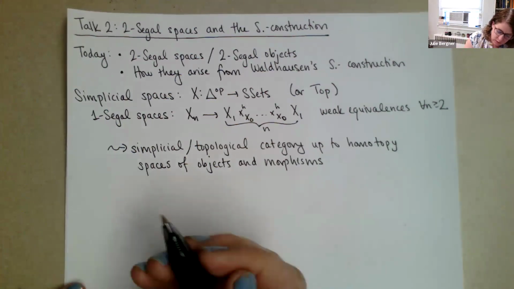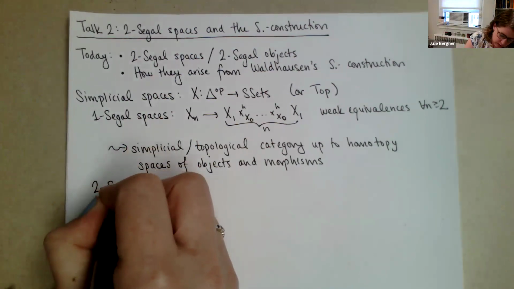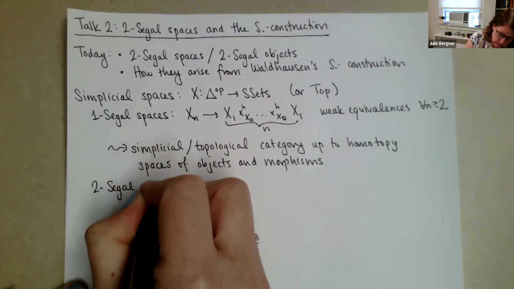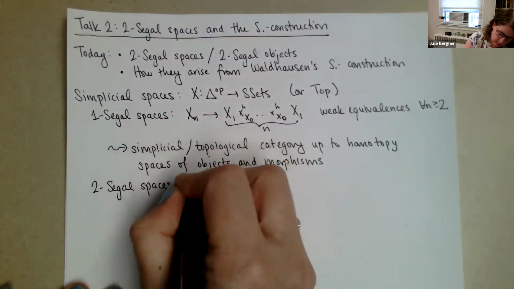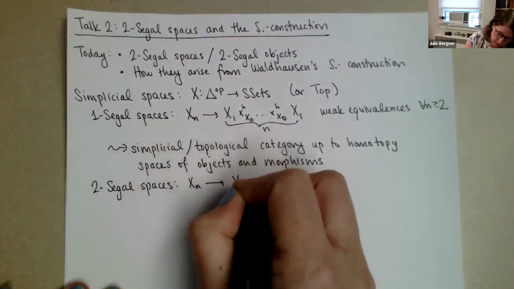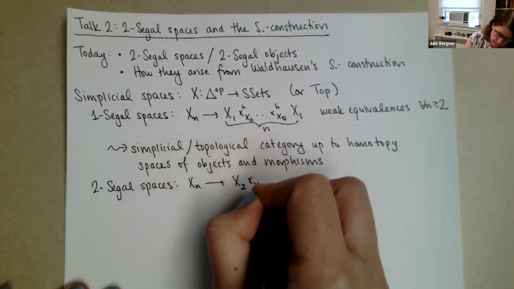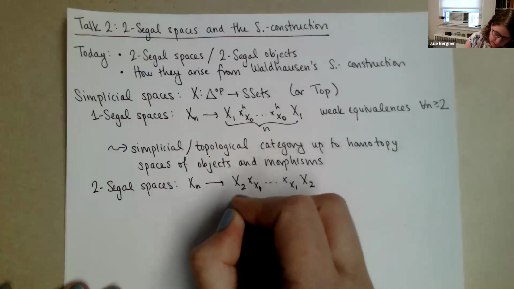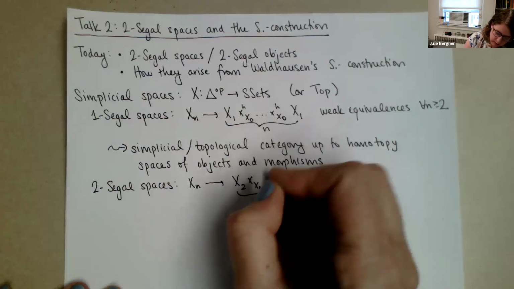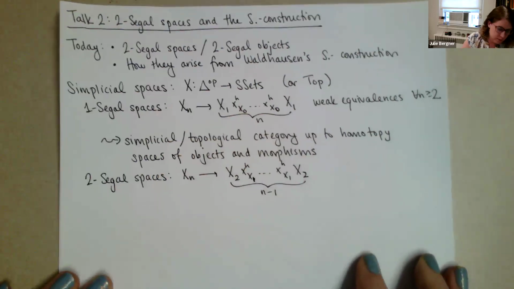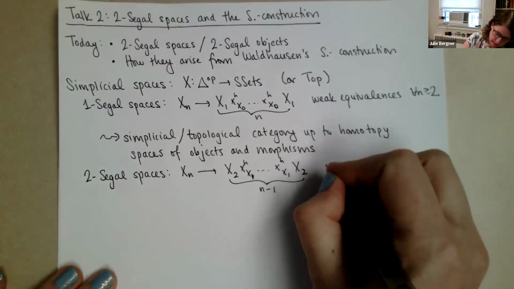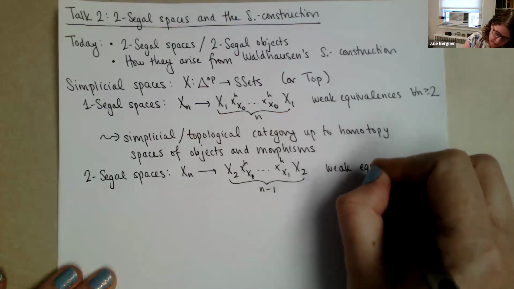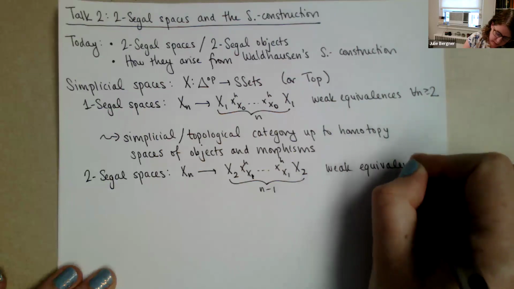Okay, so then we can just do the same thing to get two Siegel spaces. We have these two Siegel maps that now go to a bunch of copies of X2 along X1. There'll be n minus 1 copies. And again, we'll make this a homotopy limit, and these maps are all weak equivalences.